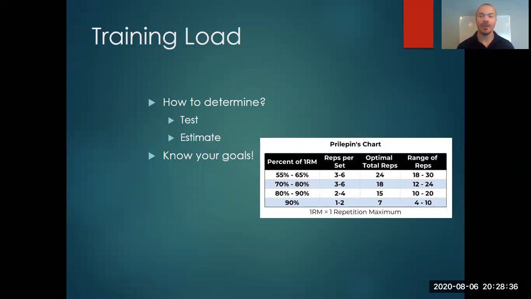And they've sort of stood the test of time, and it's not a bad place at all to start with your programming, particularly when you're training or programming compound full body exercises such as the deadlift or Olympic lifts, or lower body dominant exercises such as a squat, such as a bilateral squat of a front squat or a back squat. And once you start getting into the upper body compound exercises, this is still fairly accurate.